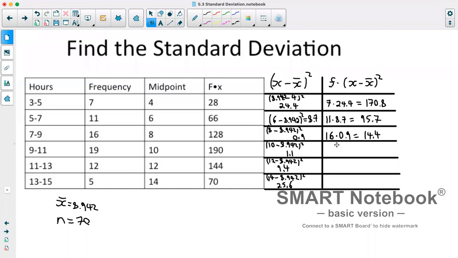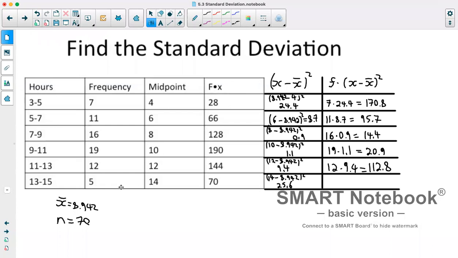Next one, we have a frequency of 19 times 1.1 gives us 20.9. Next one, we have a frequency of 12. We're multiplying that by 9.4. And that gives us 112.8.